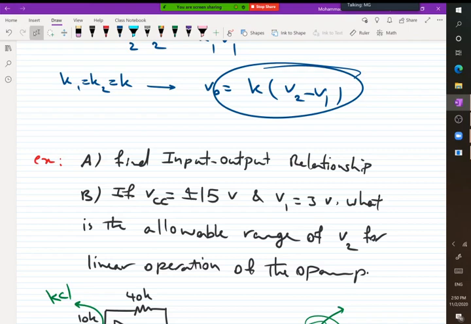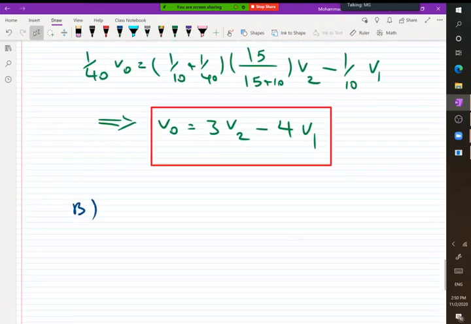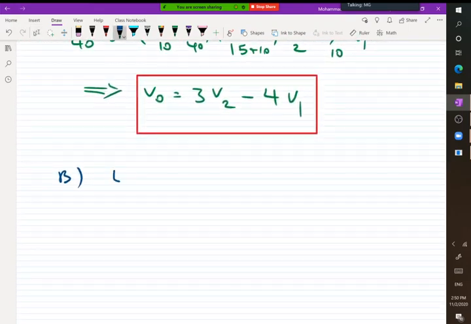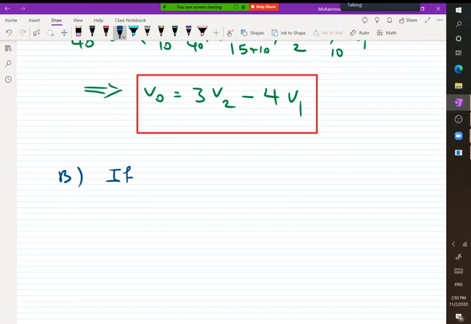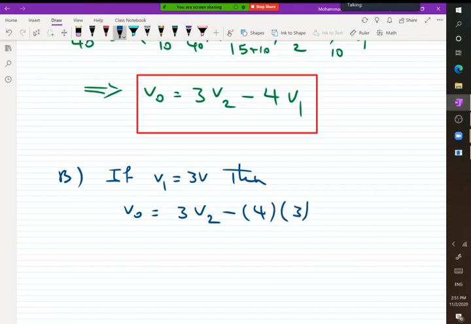Okay, so we can say if V1 is 3 volt, then VO is equal to 3V2 minus 4 times 3, or it's equal to 3V2 minus 12.